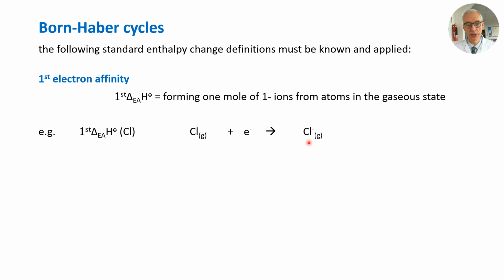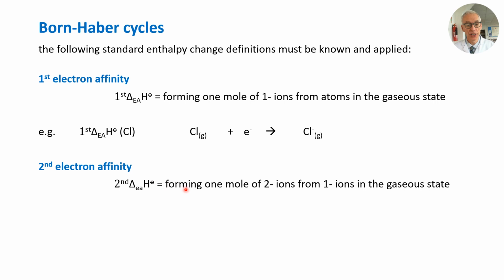So if that's the definition for first electron affinity, I think it would be fair to ask you to write a definition for the second electron affinity. Pause and write that definition. Okay, so to reveal, it's the enthalpy change on forming 1 mole of 2 minus ions from the 1 minus ions in the gaseous state.